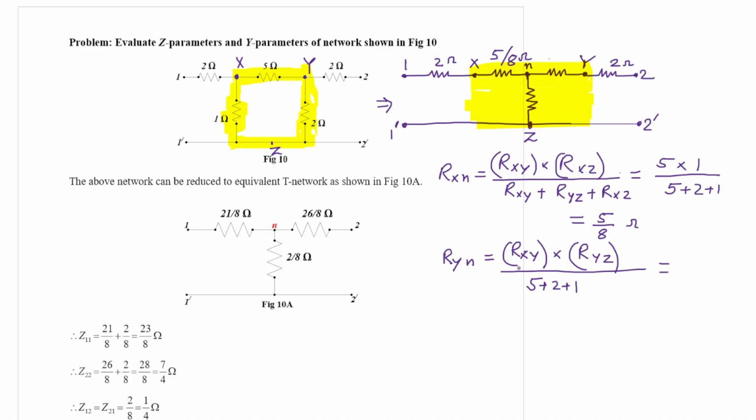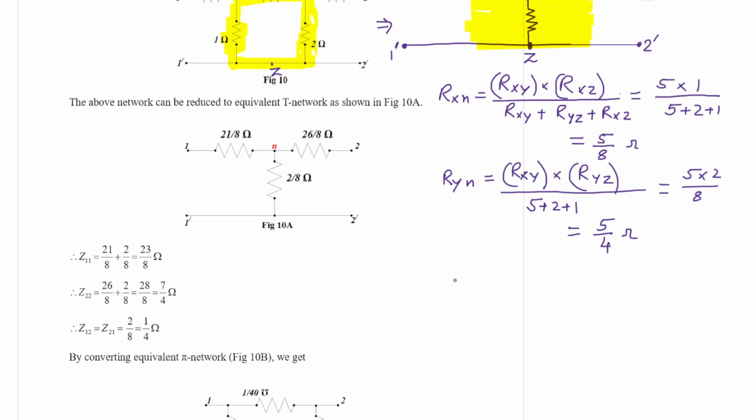Rxy is nothing but 5. Ryz is nothing but 2. So 10 by 8. That means it will be 5 by 4 ohm. So this resistance is nothing but 5 by 4 ohm.